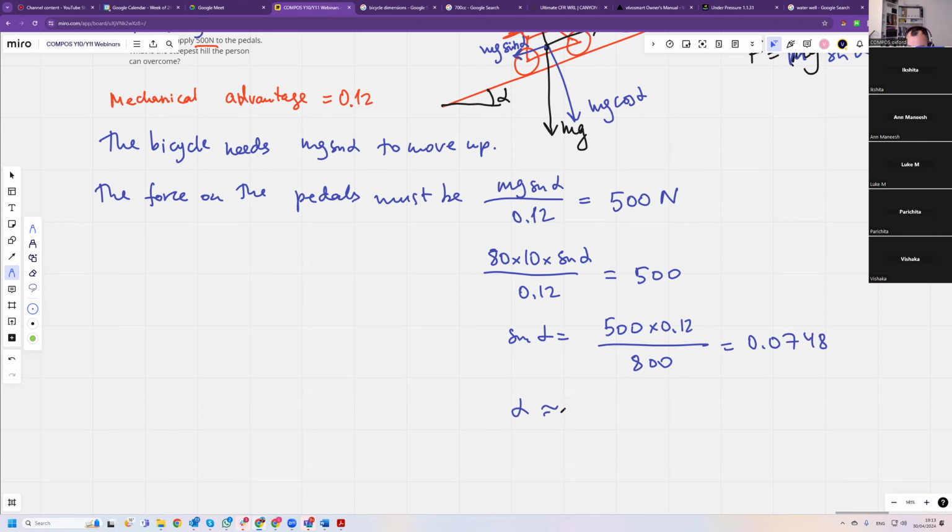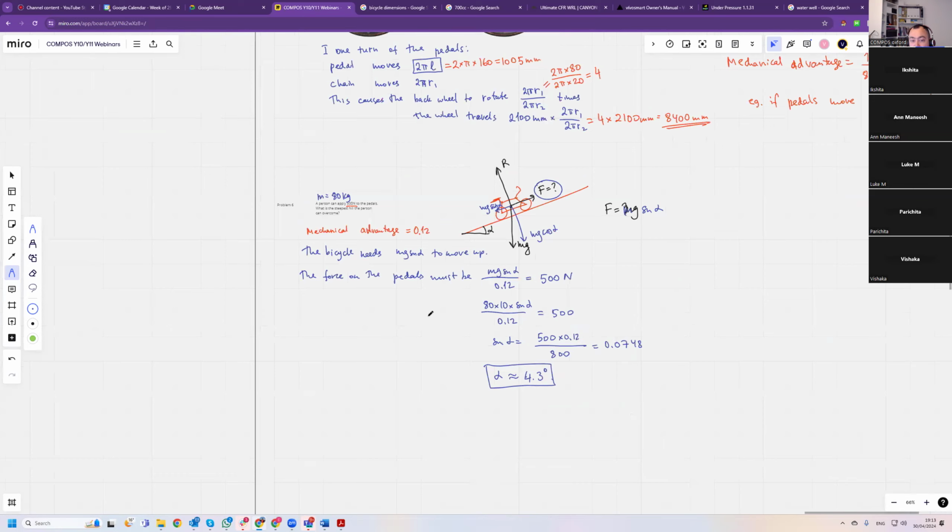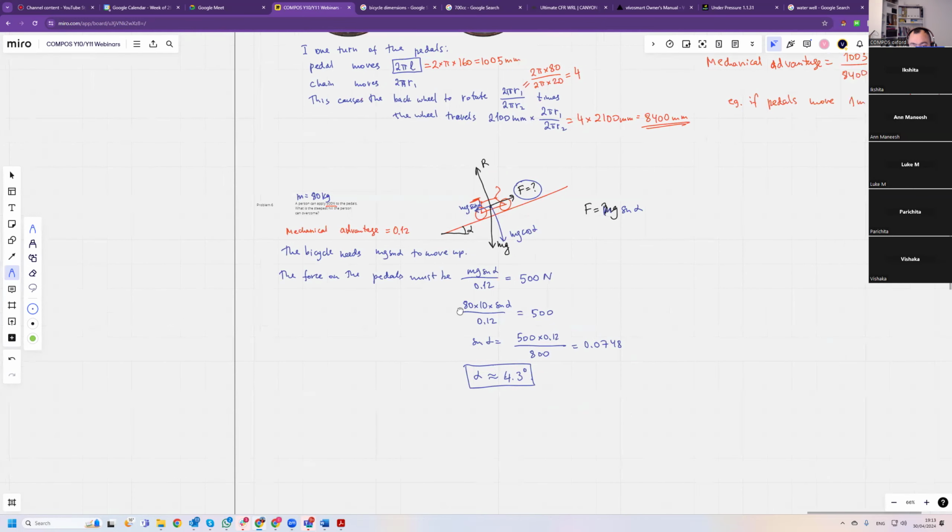So alpha is approximately 4.33 degrees. 4.3 degrees is the maximum incline the person can cycle up.